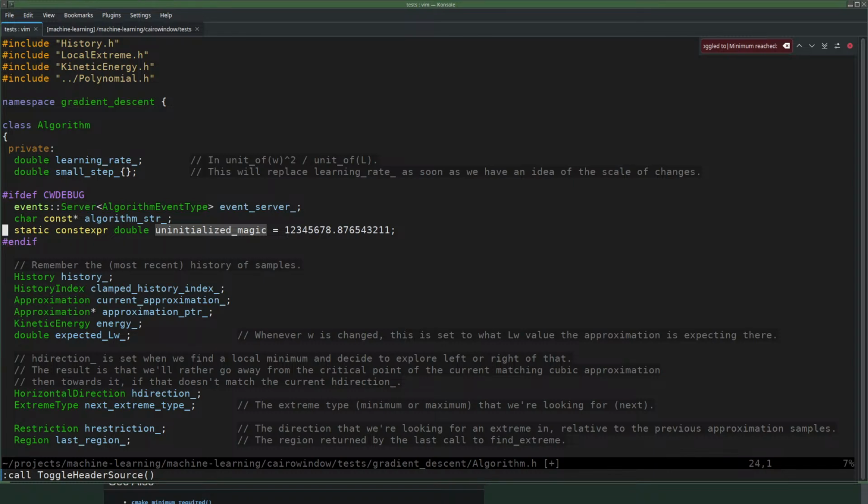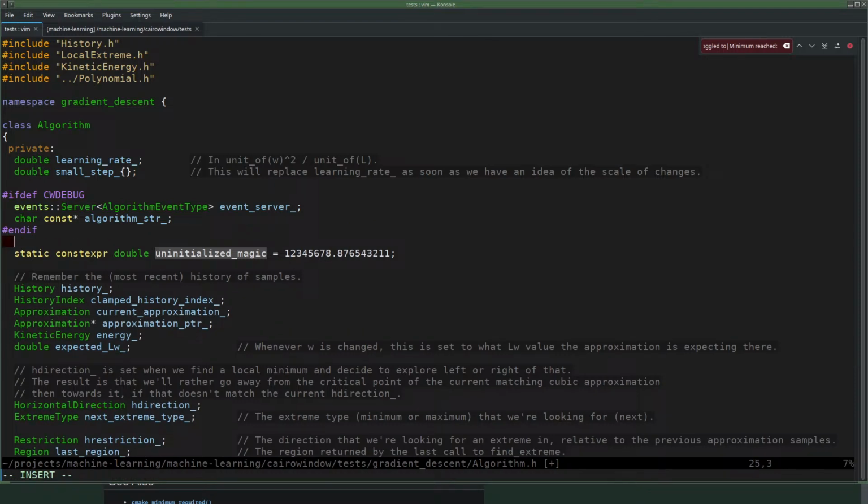Yeah, and then this is again necessary for a search. Probably do it like this. FCW debug. Right.